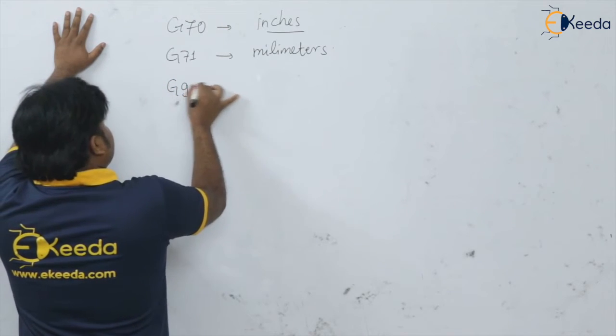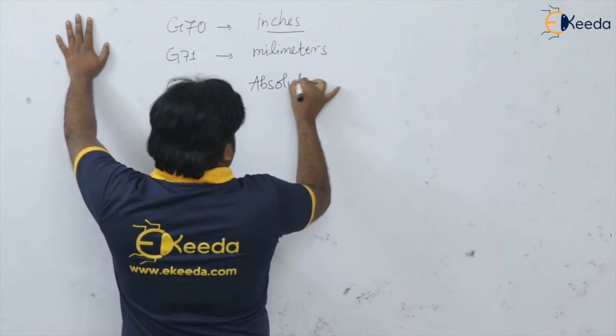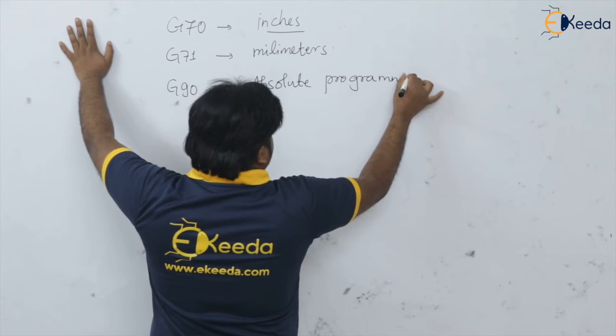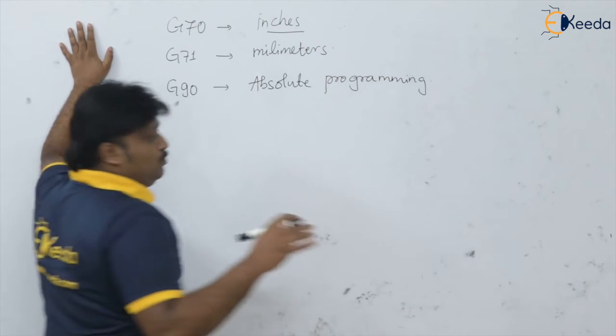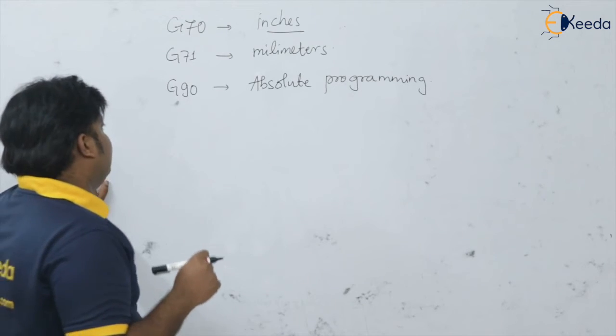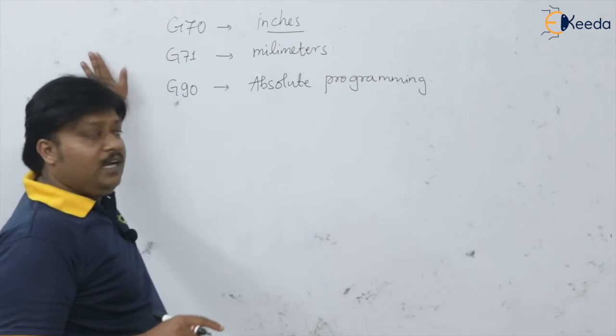G90 is used for absolute programming. Whatever dimensions we write have reference to only a single reference point, and from that all the dimensions are written in the program.